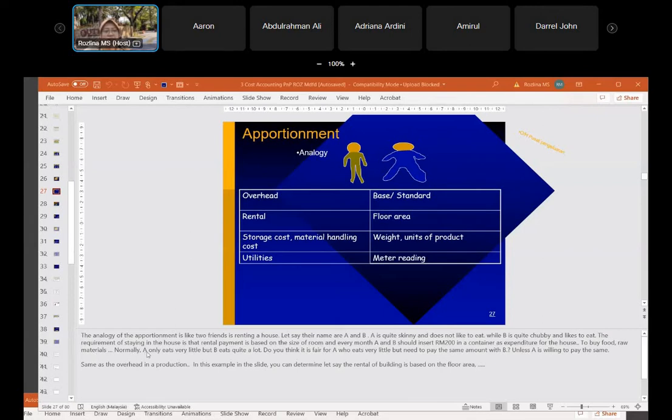Normally A only eats very little but B eats quite a lot. Do you think it is fair for A, who eats very little, to pay the same amount as B? Do you agree? Unless A is willing to pay the same.